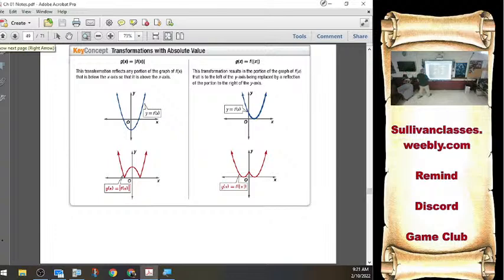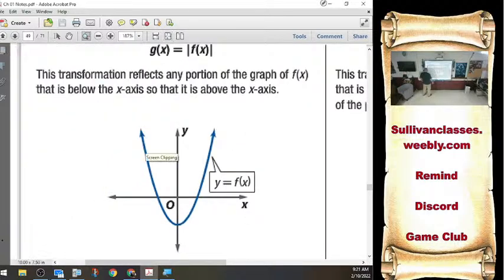So I use that concept here, if I absolute value the entire function. Remember, the entire function gets me my output. My outputs are y's. I just said my y's are not allowed to be negative.